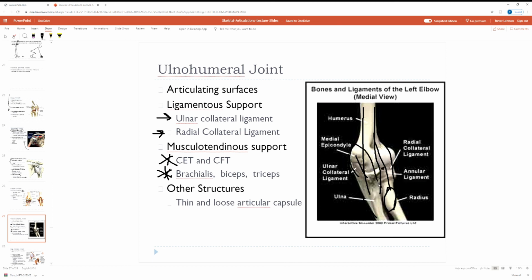You can't really see on the black background, but those attach to what's called the common extensor and flexor tendons. So the common flexor tendons on the medial side and the common extensor tendons on the lateral. So between all of this, not to mention your triceps posteriorly, the elbow's in a cage of tendons and muscle tissue. So it's a very, very strong joint.